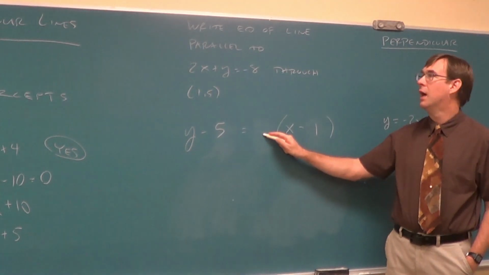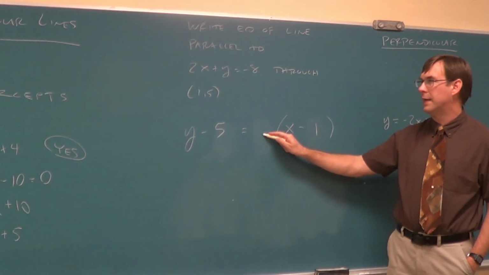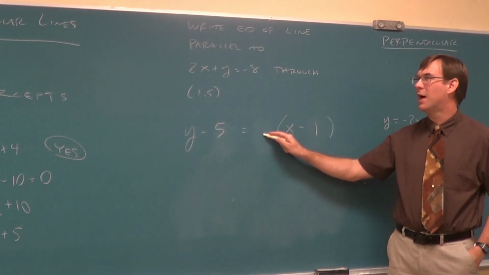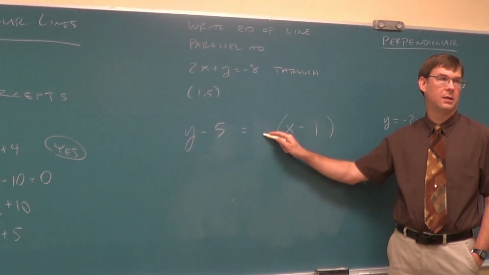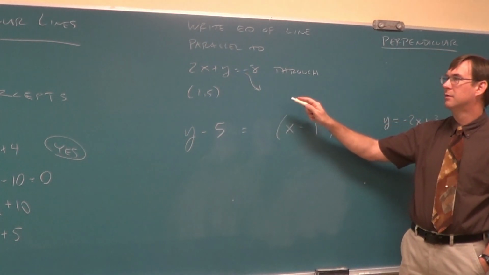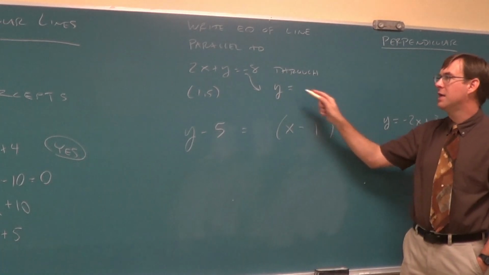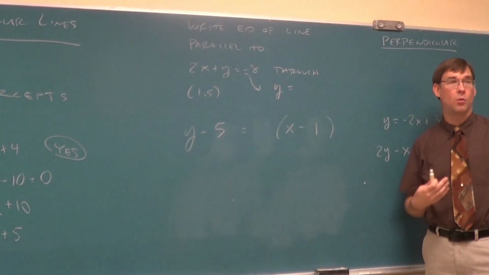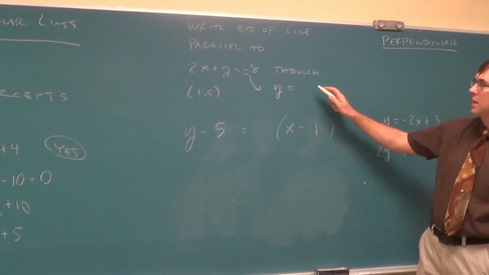So the 2. Not quite. Why am I reluctant to commit to that immediately? Because this equation is not y equals. Any equation that you're given, you're going to want to make it y equals before you can try to do anything.